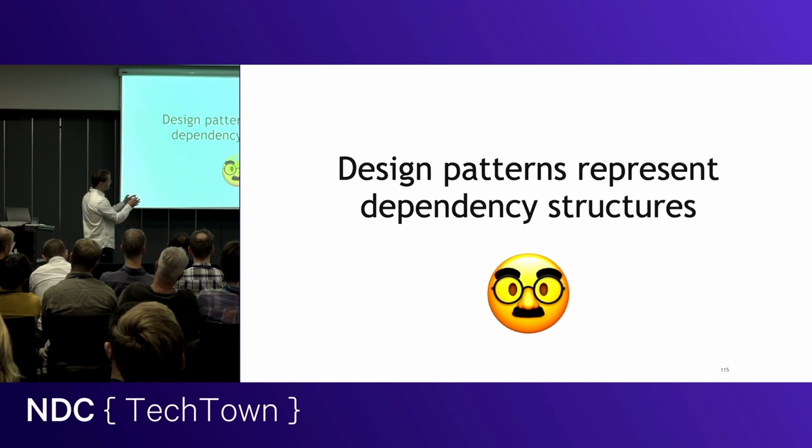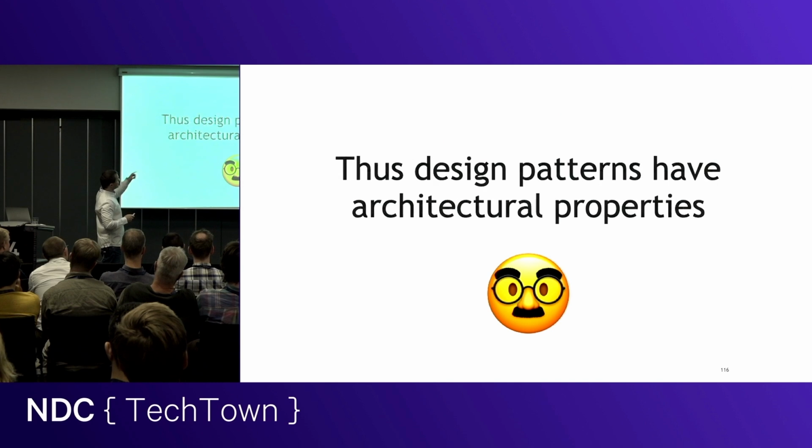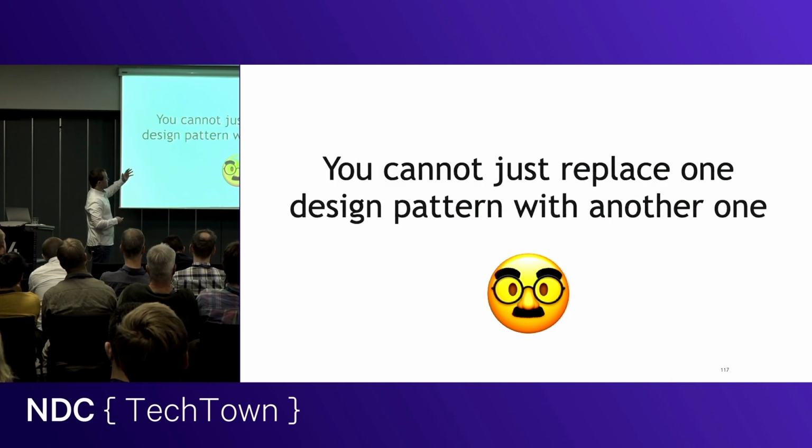Every pattern with every name introduces a different dependency structure. What depends on what? What needs something else? Because of that, design patterns have some architectural properties. So it matters which pattern you choose. You want a certain design and architecture. So you cannot just replace one design pattern with another one, believing that this will not make any difference.